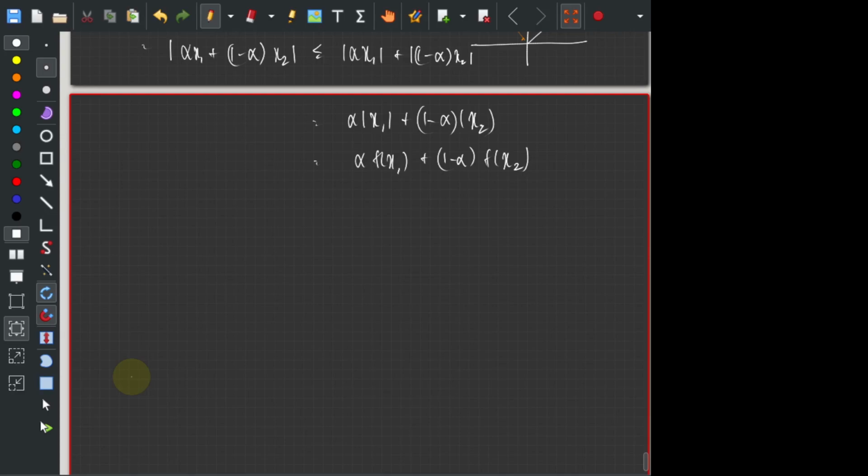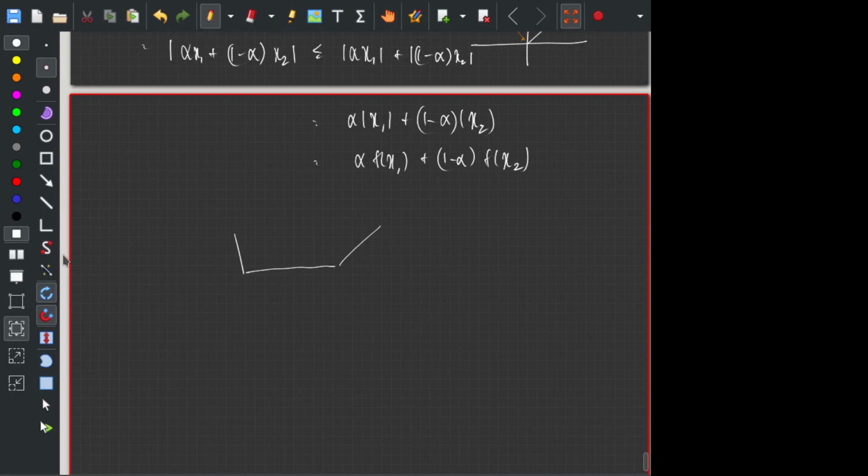You have to be a little careful over here, because I can construct a function which has multiple minima, right? In particular, something like this. So it doesn't necessarily have to be continuous. It doesn't have to be differentiable. A convex function can have multiple minima.